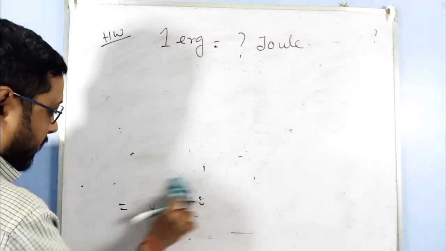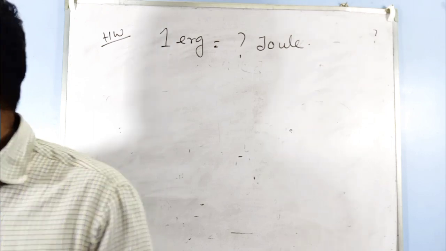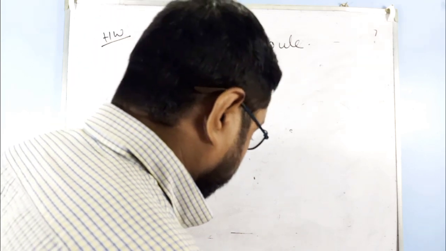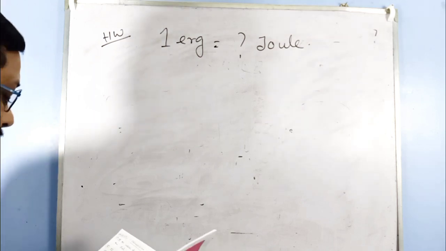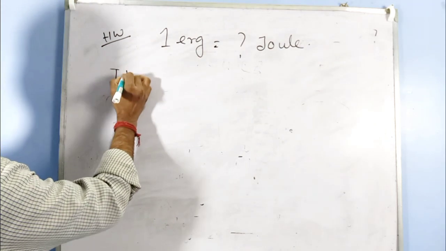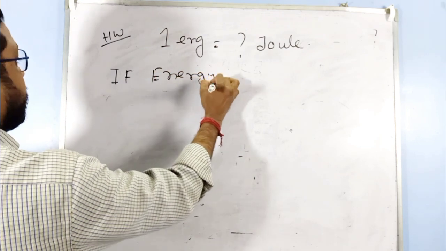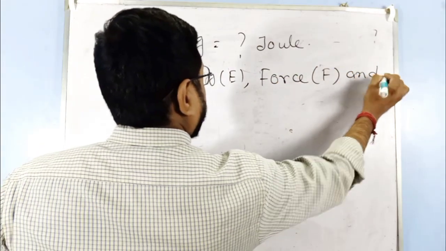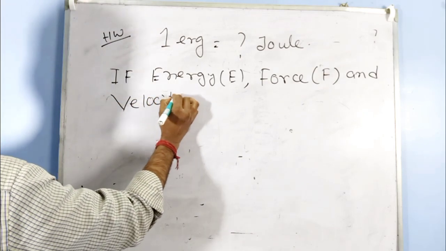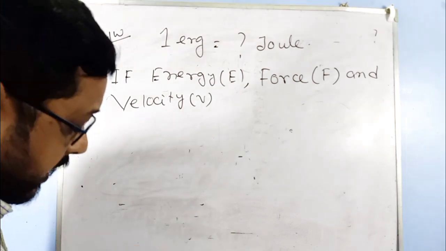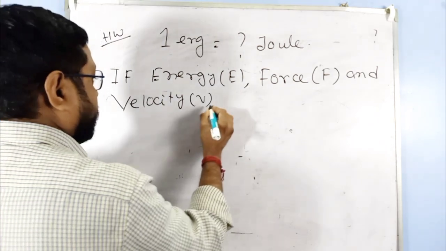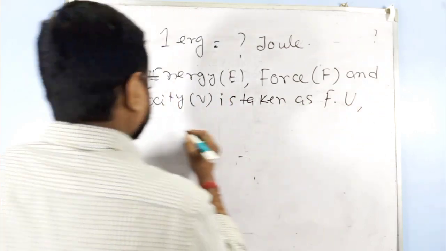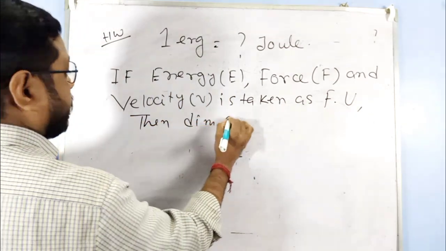That is, if energy, force and velocity are taken as fundamental units, that is, energy E, force F and velocity V taken as fundamental units, then find out the dimension of mass.